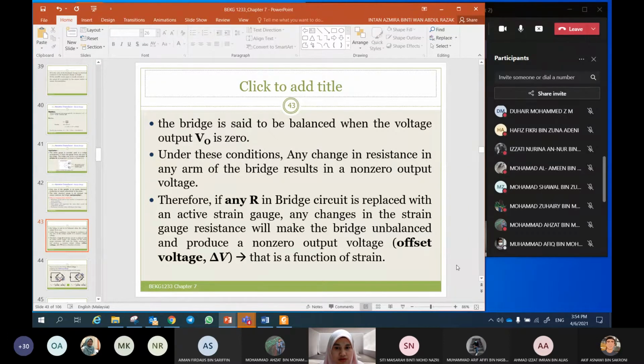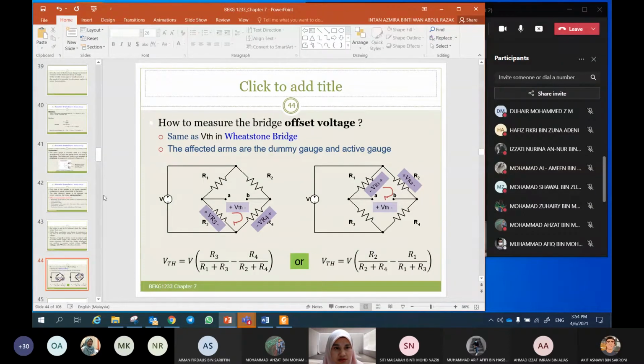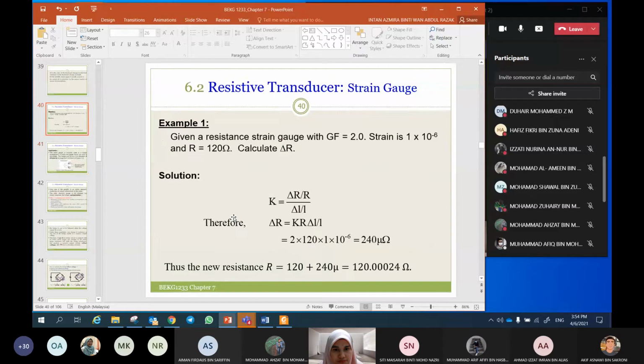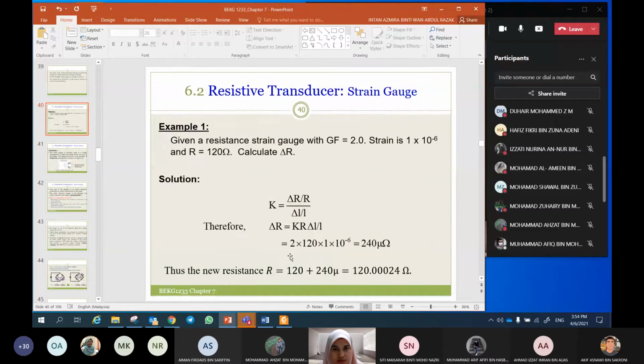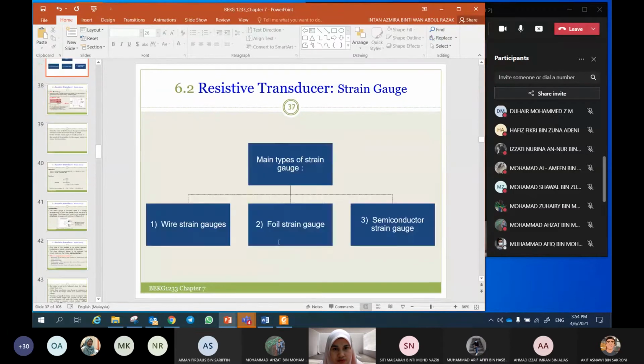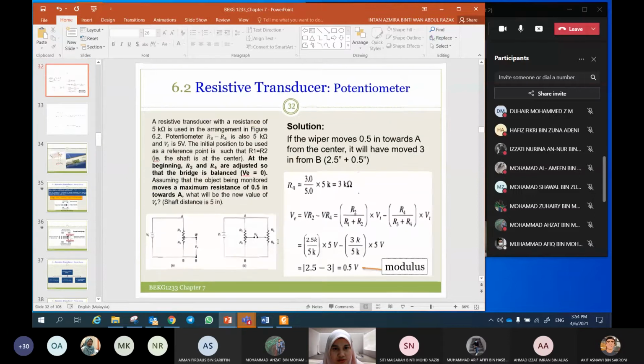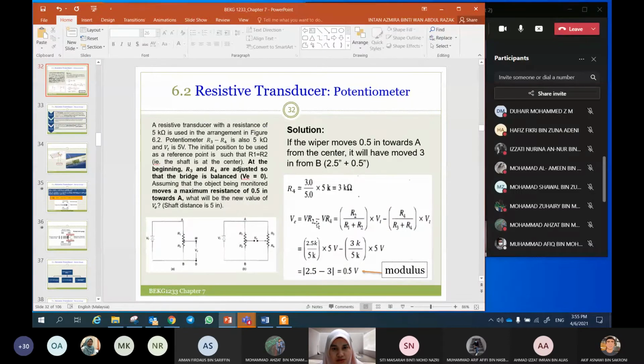So that output voltage we need to calculate. How to calculate? Same as in the Wheatstone bridge. We calculate like this. We use the concept of what, Zuhairi?